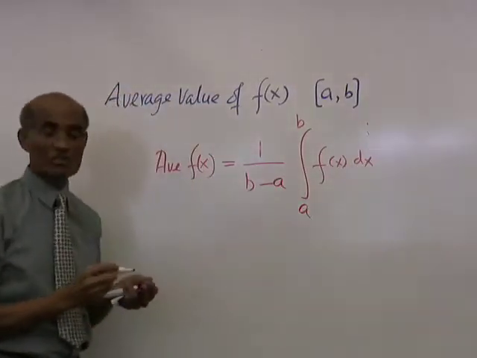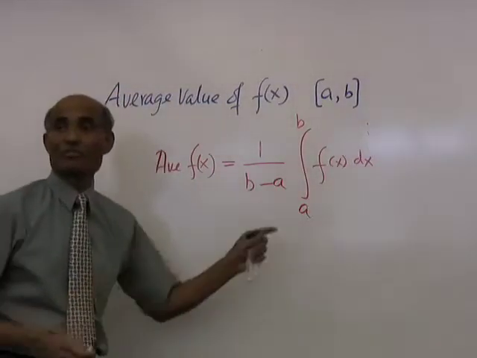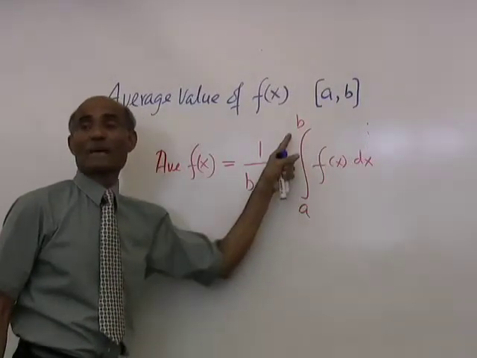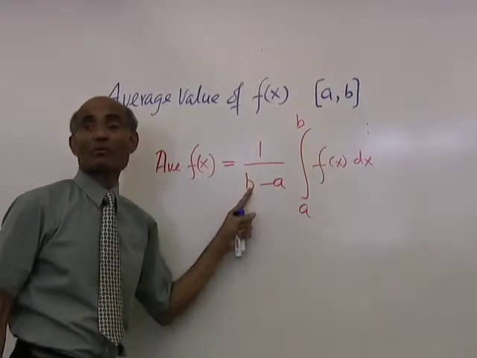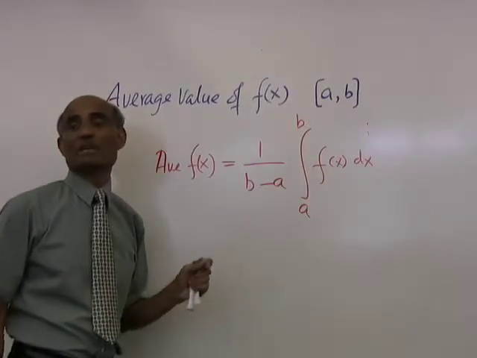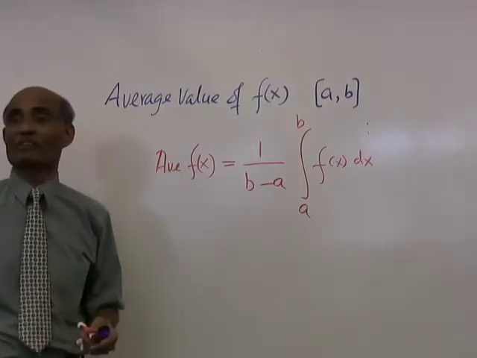This is the definition of average value of a function on the closed interval from a to b. It is 1 over b minus a integral a to b of f of x dx.